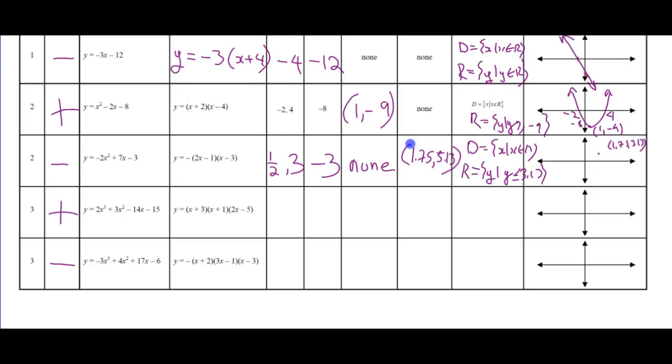I need x-intercepts at 1/2 and 3, and I need a y-intercept at -3. There, everything's really nicely labeled. It's a reasonably accurate sketch. Actually, on the sketches in the key, they don't even label anything, so you don't necessarily need to label it, but if you want to, go ahead.